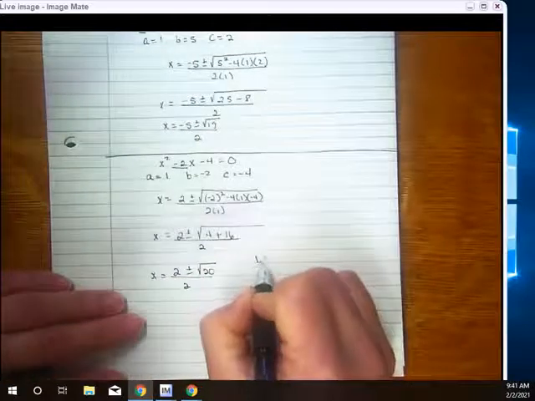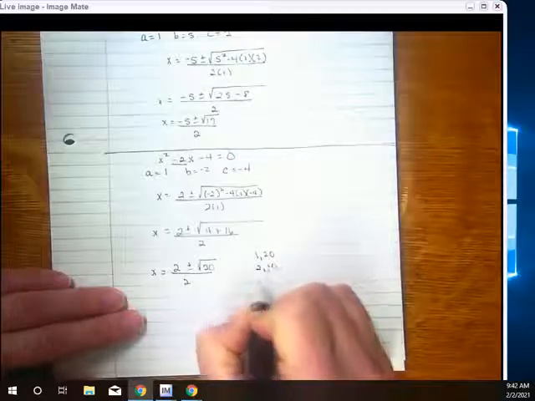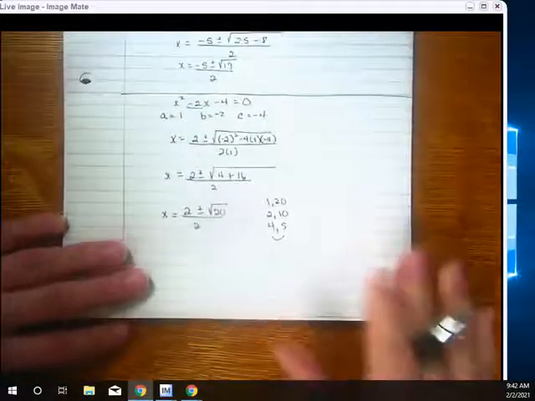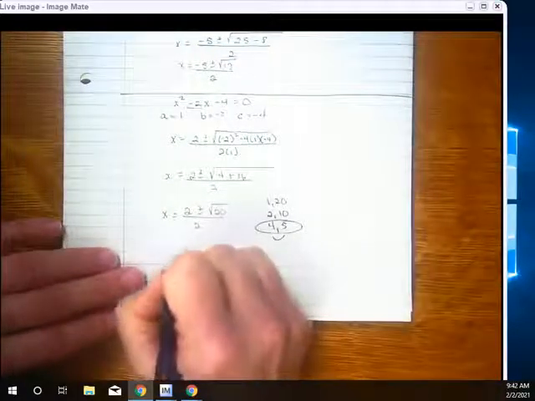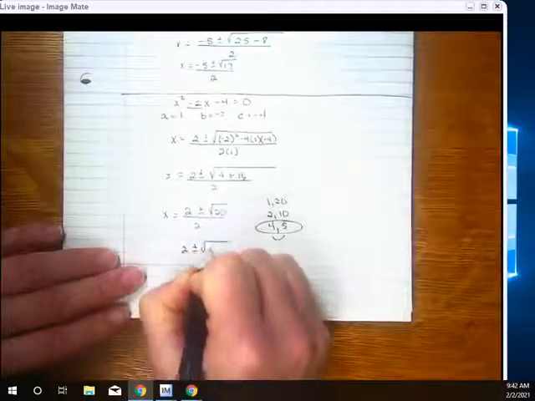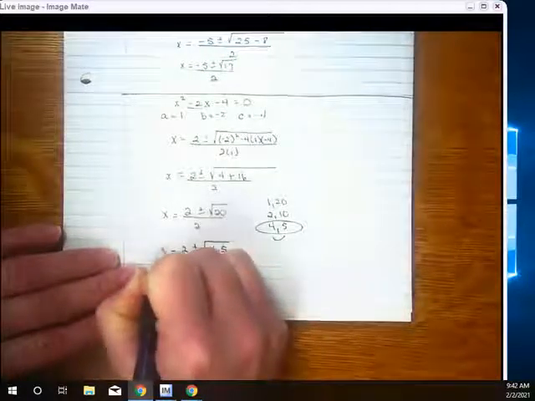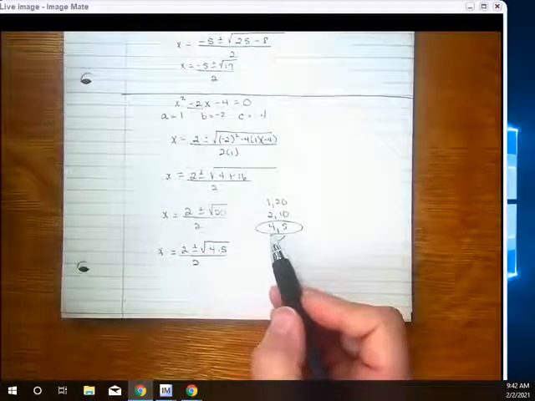Now, I do notice that my factors of 20, 1 and 20, 2 and 10, 4 and 5, lend us to a perfect square number. 4 is a perfect square number. Perfect square numbers, remember, are numbers that when you multiply them by themselves, it equals that number. So the factors are the same.